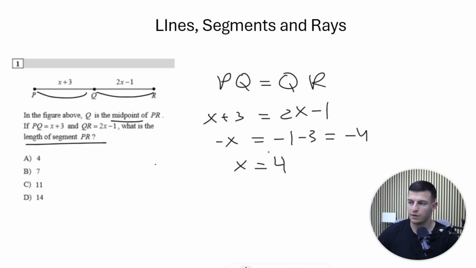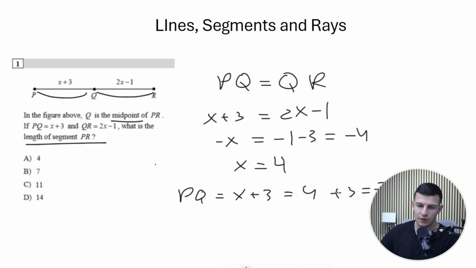So what did we just find? We found x, which means now we can find what PQ is, which is x plus 3, which is 4 plus 3. That's equal to 7. Now, do we need to find the QR? Not necessarily. Why?